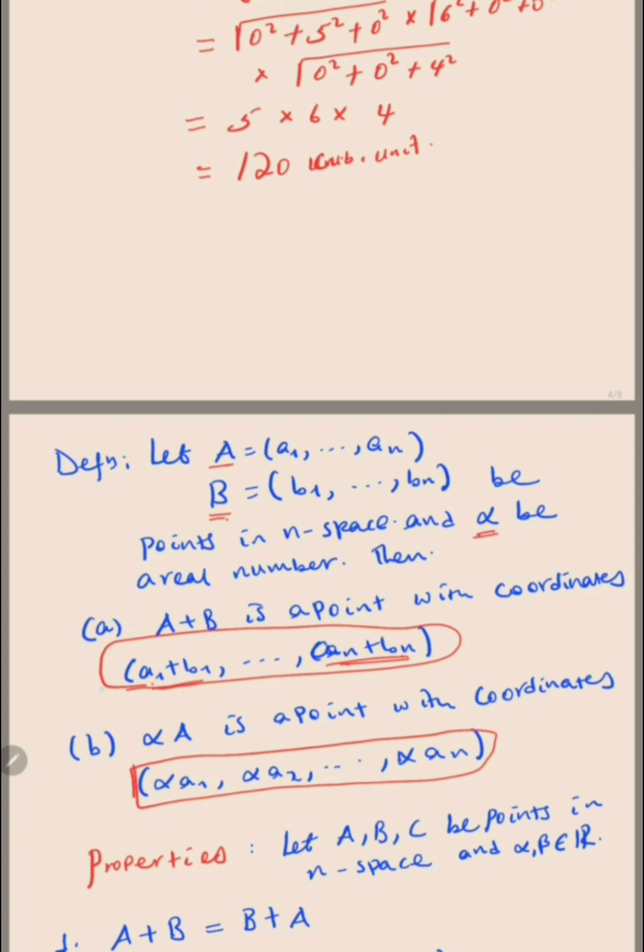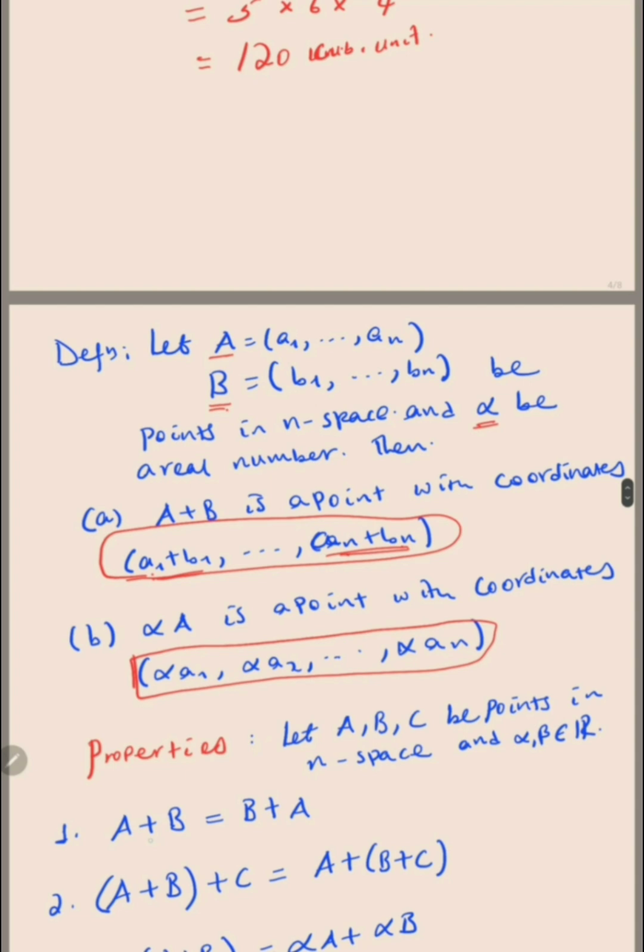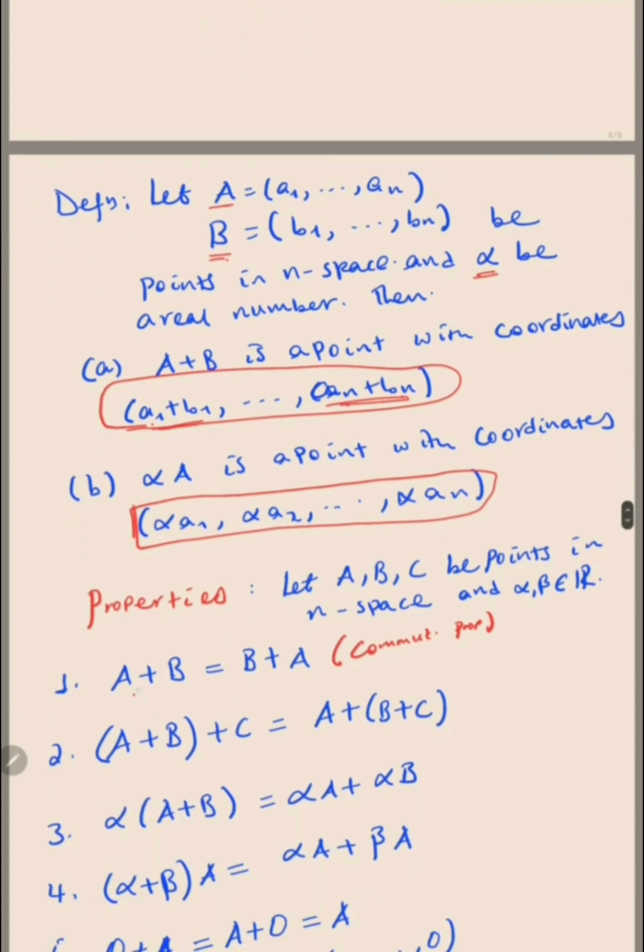So these two operations have the following properties. As you see, addition of 2 points is commutative, so we call this the commutative property. If you have A and B, then A plus B is the same as B plus A. Also, addition of points is associative, so we call this the associative property.